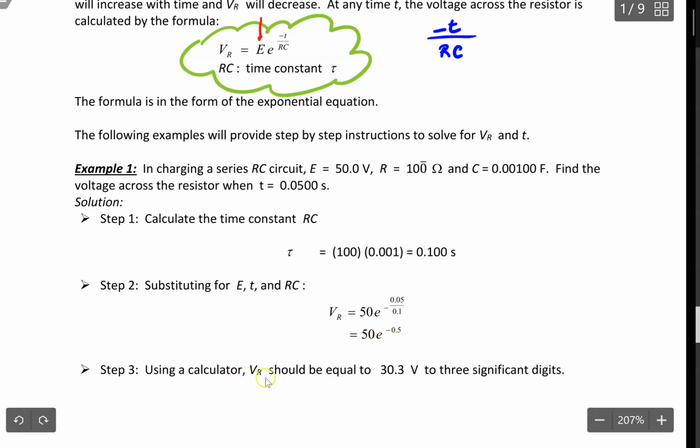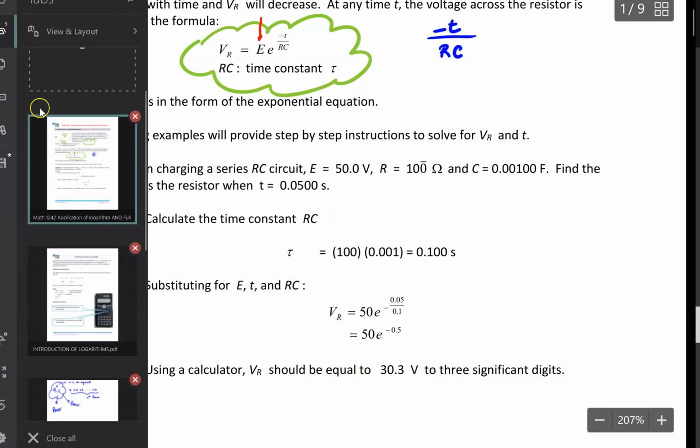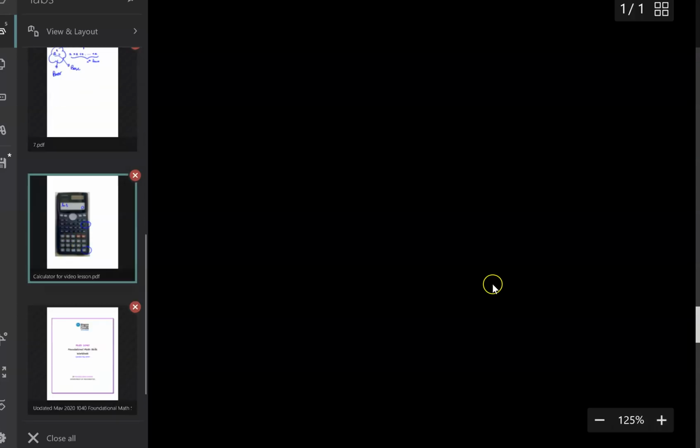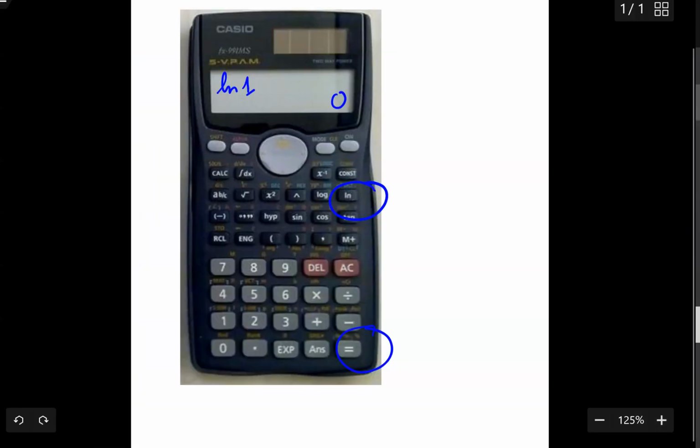If you use a calculator, it should be equal to 30.3 volts in 3 significant digits. So let's get to our calculator, and hopefully I can quickly show everyone how to get this. Anyway, I still need to erase this part from my previous lesson.